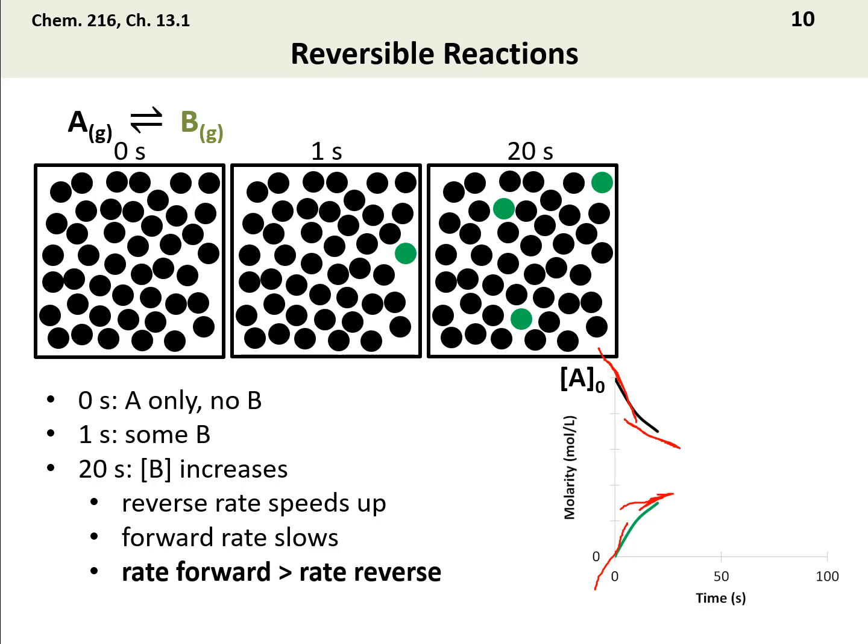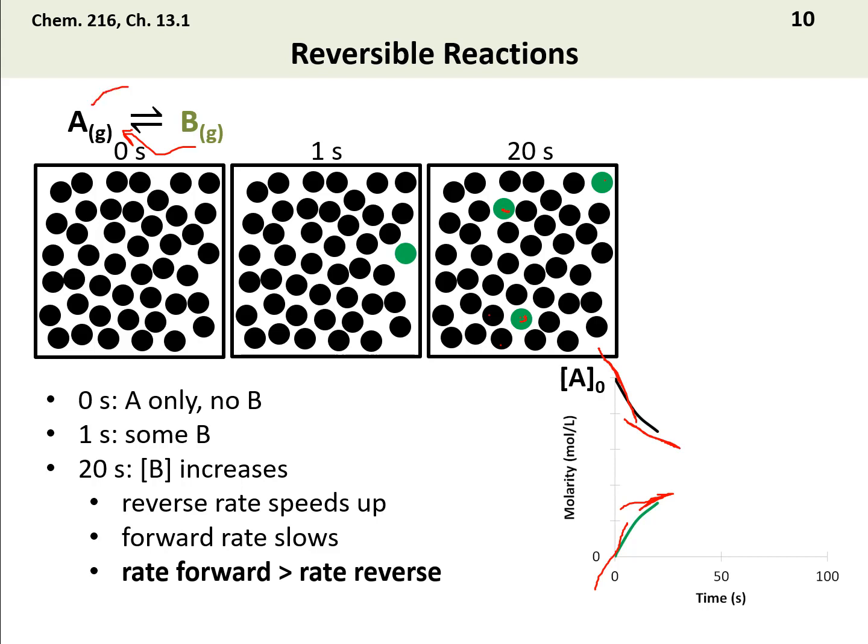Okay, 20 seconds. Now I have some more B that's formed. I have less A, so my forward reaction slows down, but my reverse reaction speeds up because now I have more B, so this reaction's going to go faster.